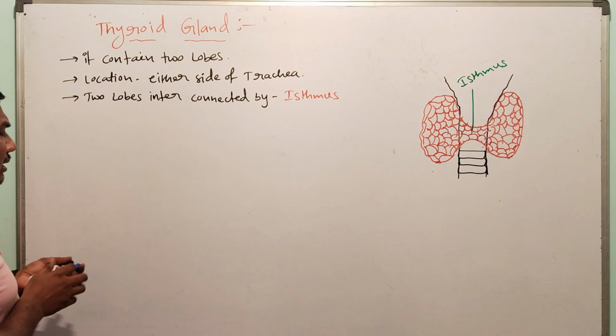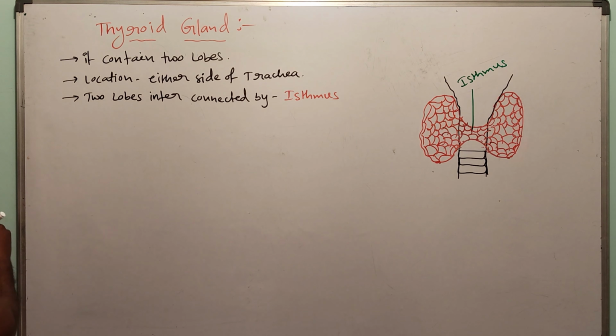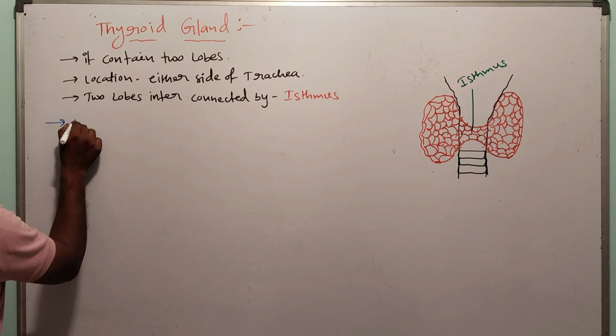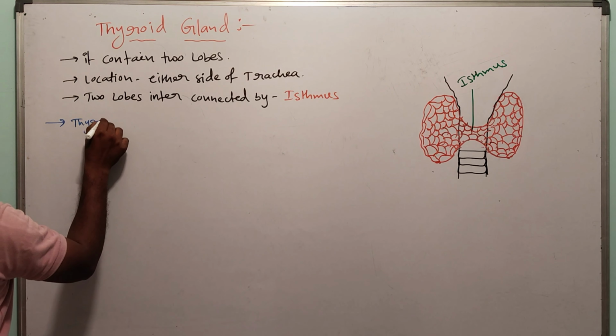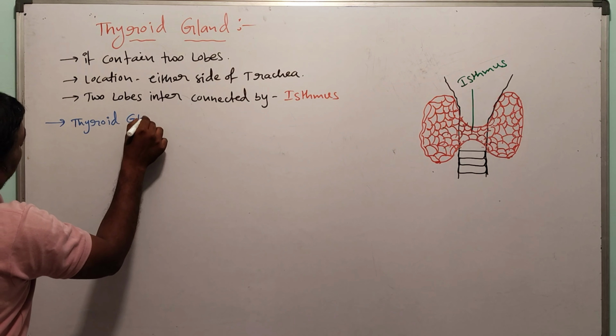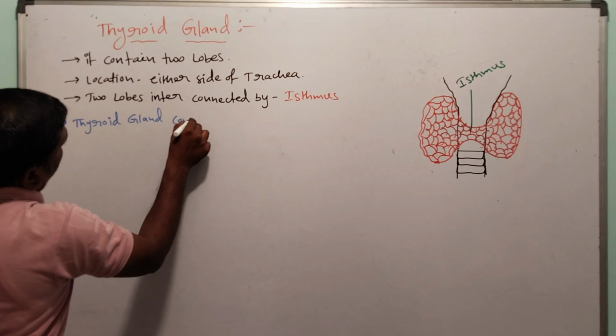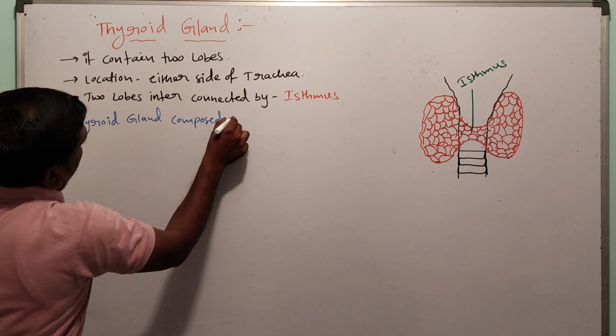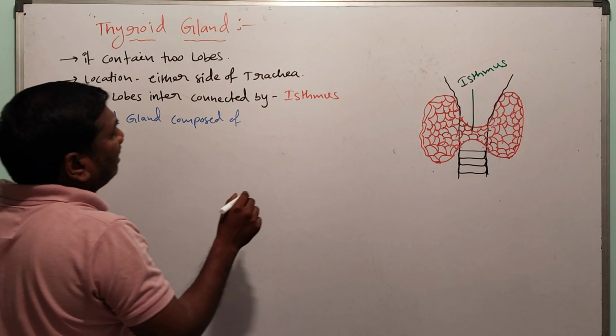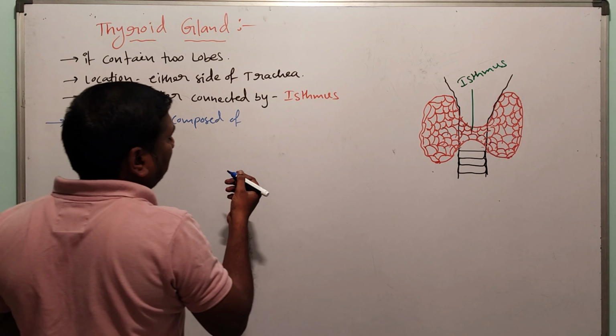Next, the thyroid gland is composed of follicles and stromal tissue.